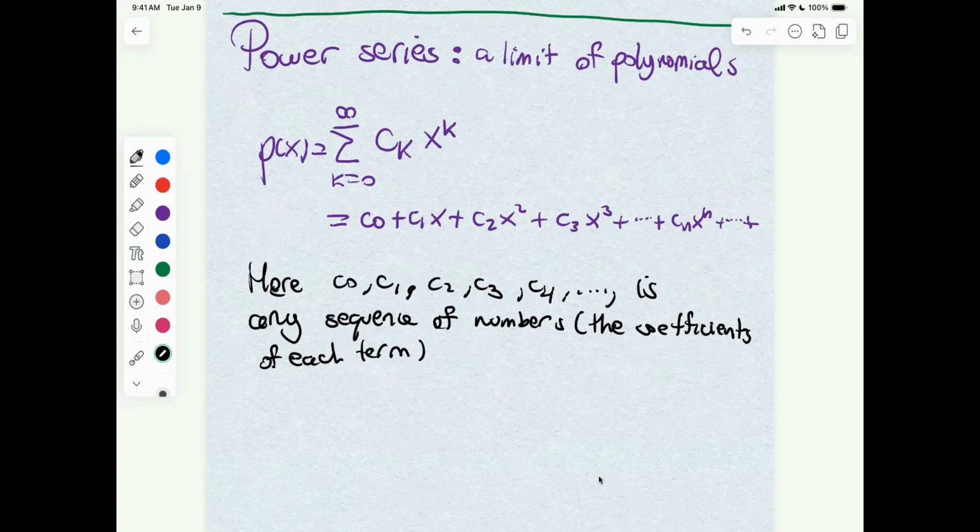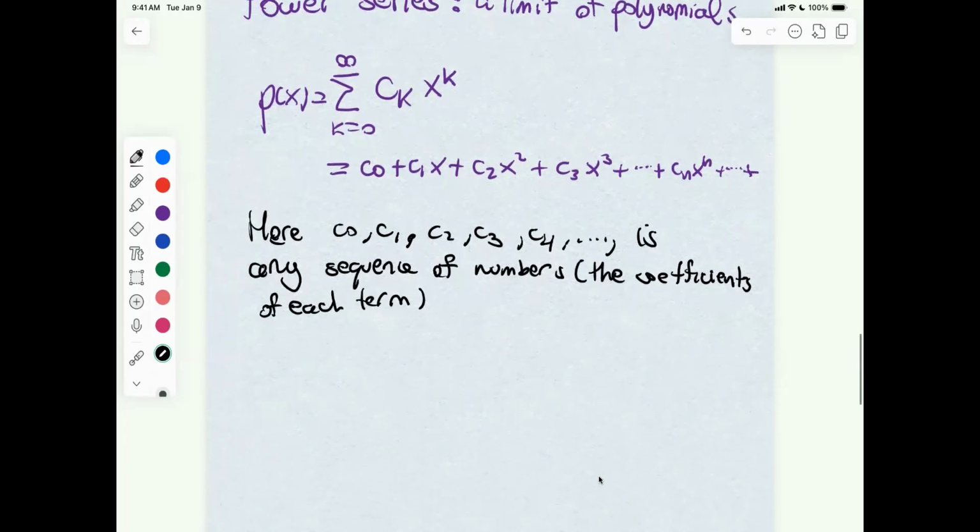So, to give you a concrete example, the sequence could be 1 over k plus 1, because I do want to start at 0.